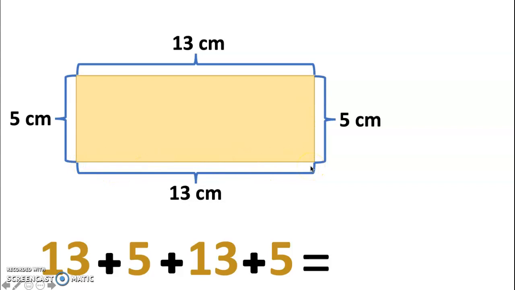And I have to add 5 two times because I have 5 centimeters right here and I have 5 centimeters on this side as well. So if you want to try to figure out what 13 plus 5 plus 13 plus 5 is, pause the video for a moment so that you can add those numbers together.